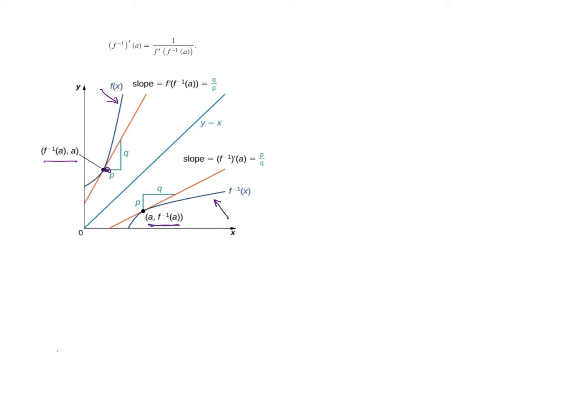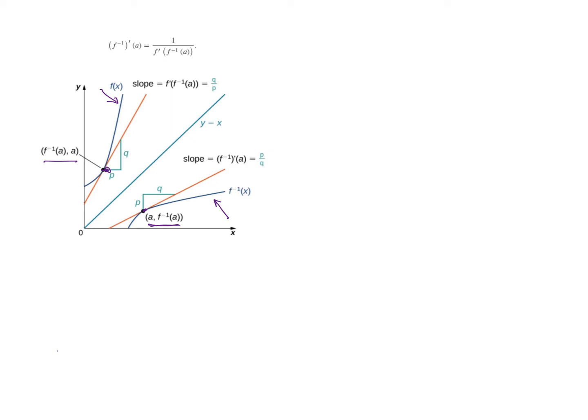What we've done here is we've added a tangent line at that point. So we've added the tangent line to f of x at the point f inverse of a, and its corresponding tangent line to the inverse function at the point a, f inverse of a. And notice that those are also mirror images of one another about the line y equals x.